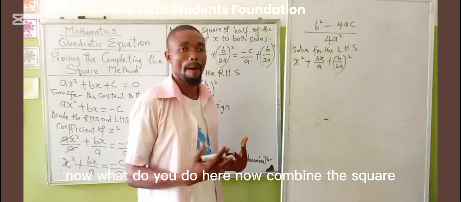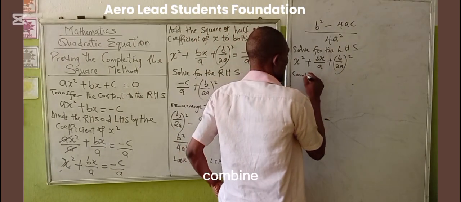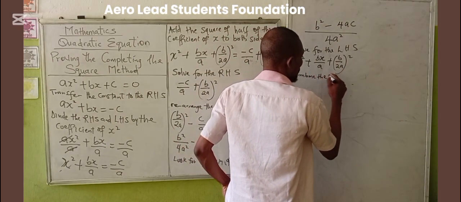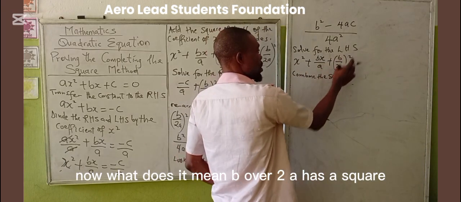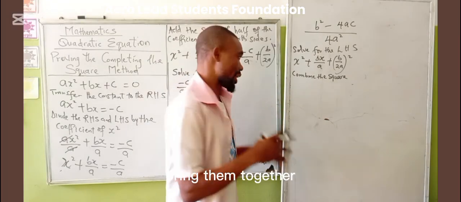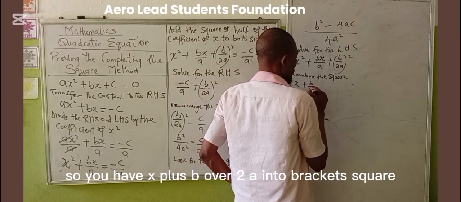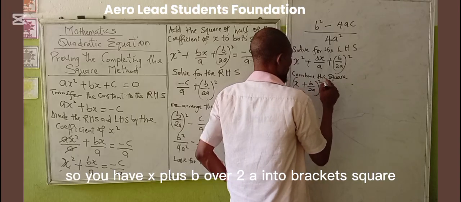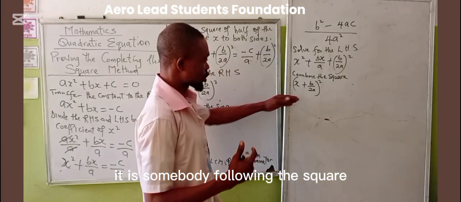Now what do you do here? Combine the square. Now what does it mean? B over 2a has a square, x squared has a square. So those two that have square, bring them together. So you have x plus b over 2a in brackets, square it. Is somebody following?